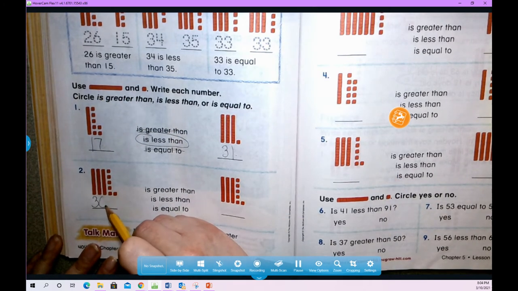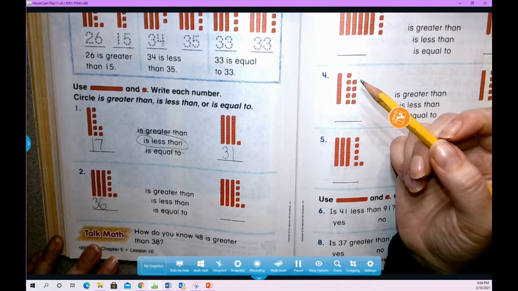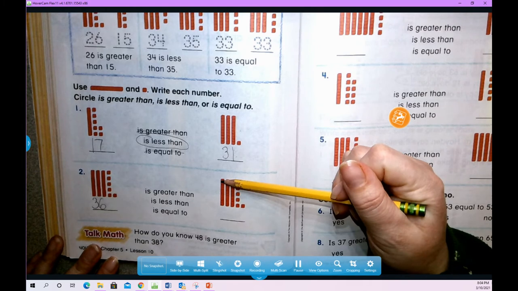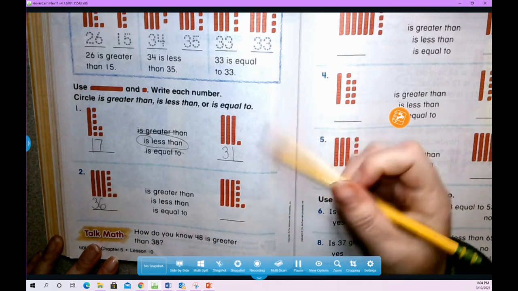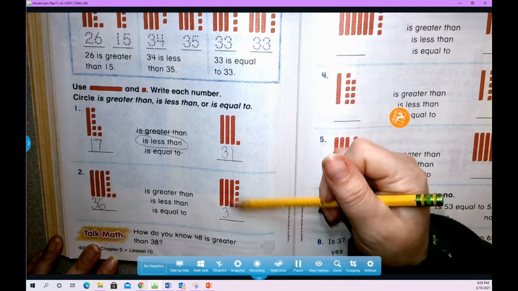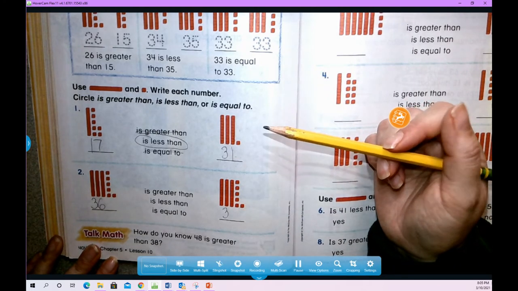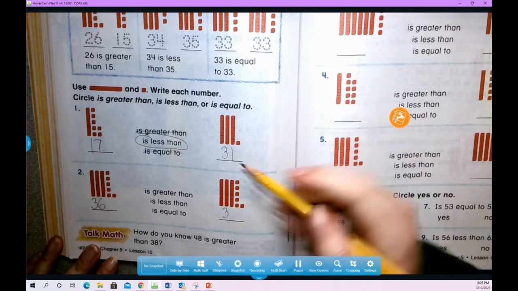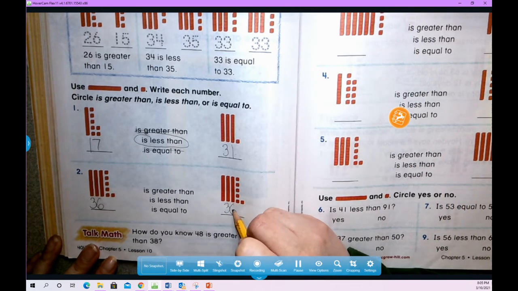There are 6 ones. Okay, let's check our next number. There are 3 tens, 30. How many ones are there? 1, 2, 3, 4, 5, 6. 6 ones.